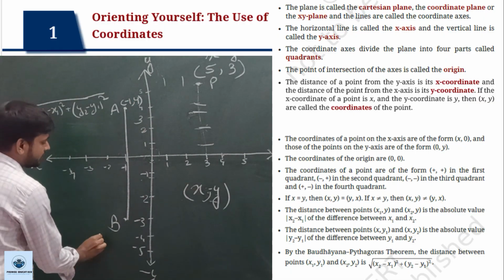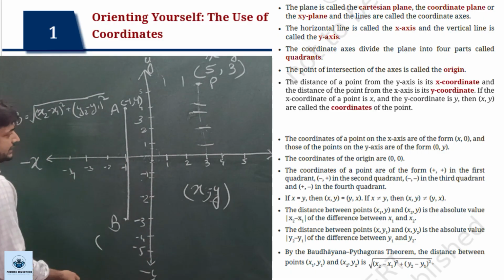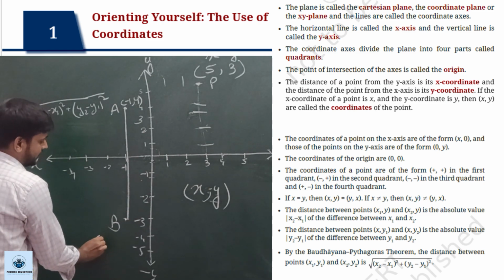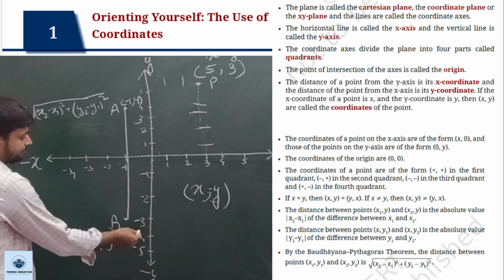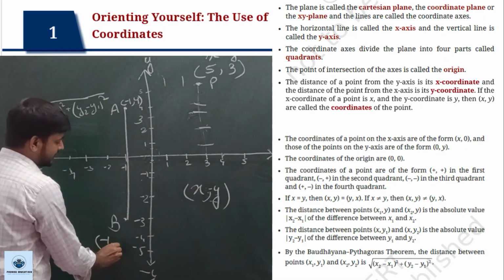Similarly, the value of the other point: from the y-axis it is 3, so x is 1 unit, minus 1, and from the x-axis, it is minus 3.